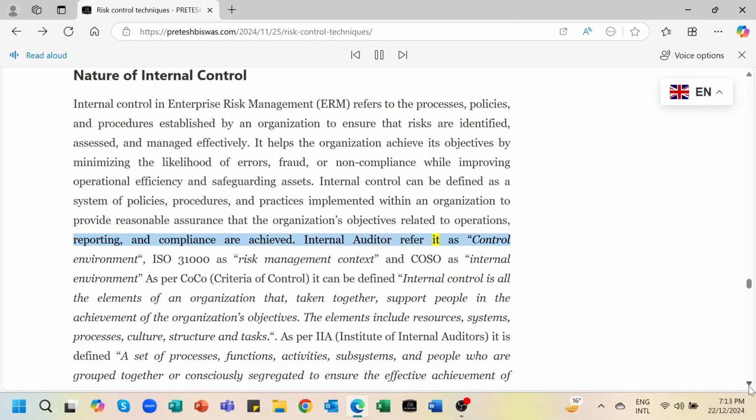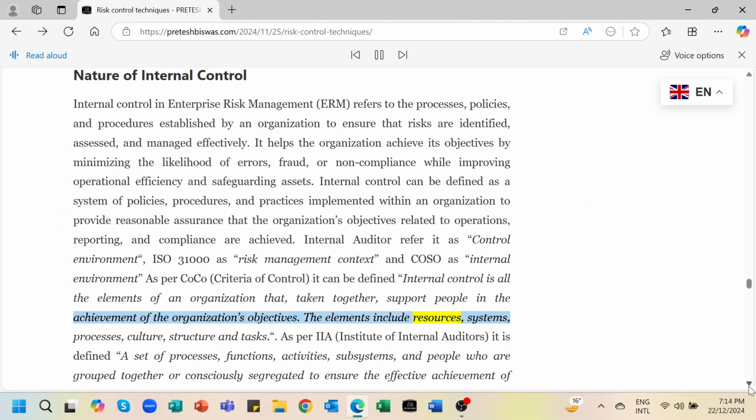Internal auditors refer to it as the control environment, ISO 31000 as the risk management context, and COSO as the internal environment. As per COCO, criteria of control, it can be defined as follows. Internal control is all the elements of an organization that, taken together, support people in the achievement of the organization's objectives.